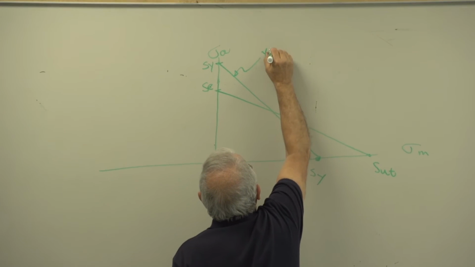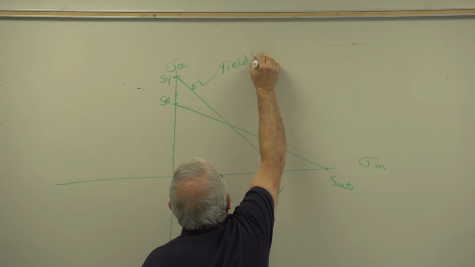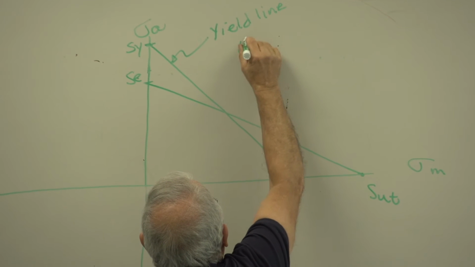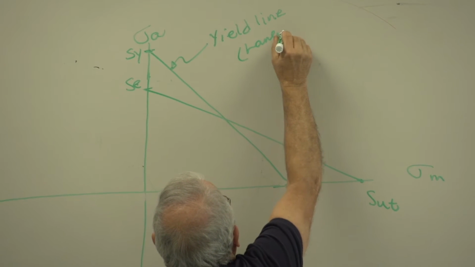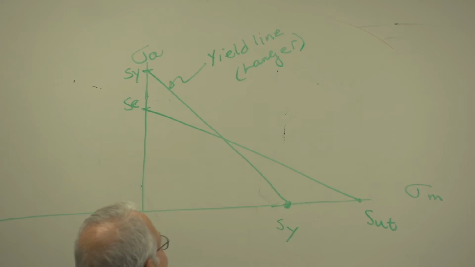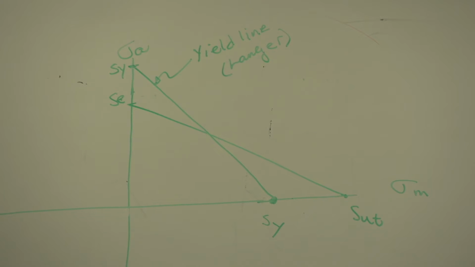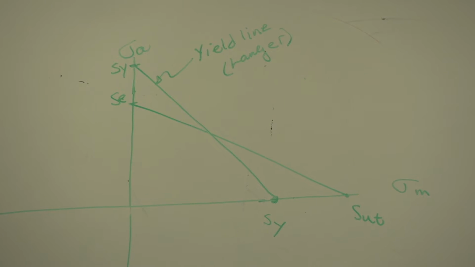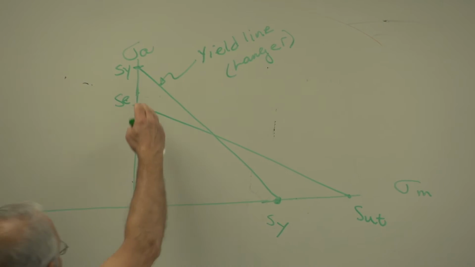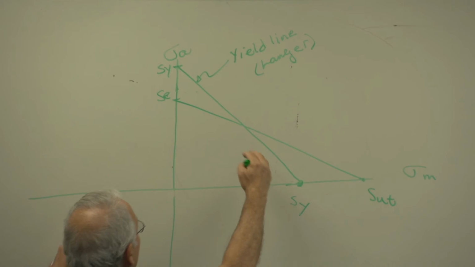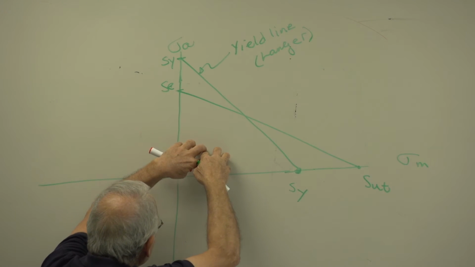This is called the yield line or Langer line. This shows you the limit of values of sigma A and sigma M that you can put on the material and have no yielding. So this is another failure theory. Anything inside here is safe.